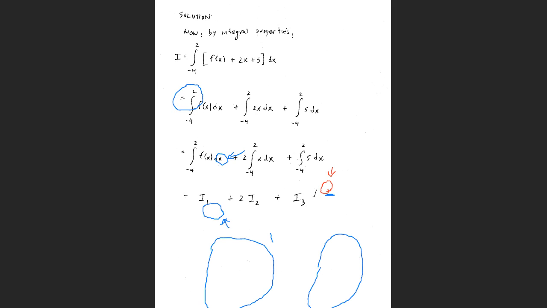So this is I1, plus 2 times I2, plus I3. Okay, and that gets us here.